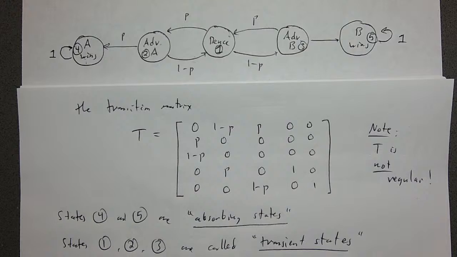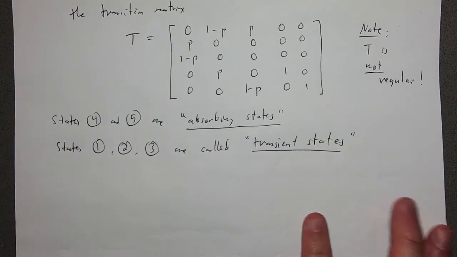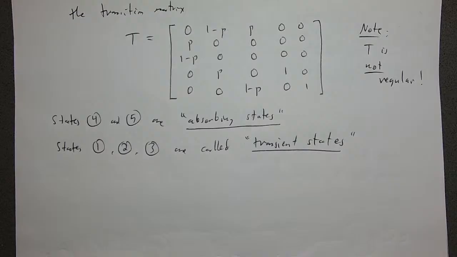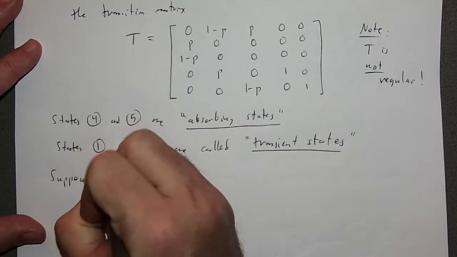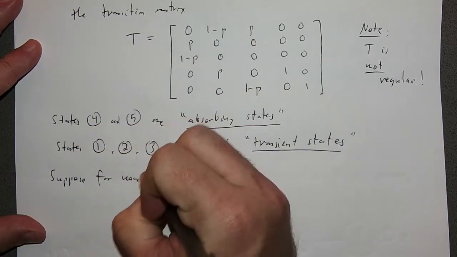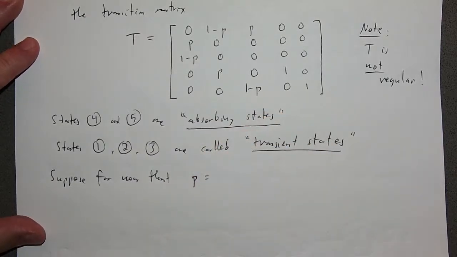Now, from this point on, I'm going to assume a particular value of p, and then we're going to get some results out of this. But you should note that we can change this around a little bit, and we will later to see how this alters what we're talking about. So suppose for now that p is 0.6.